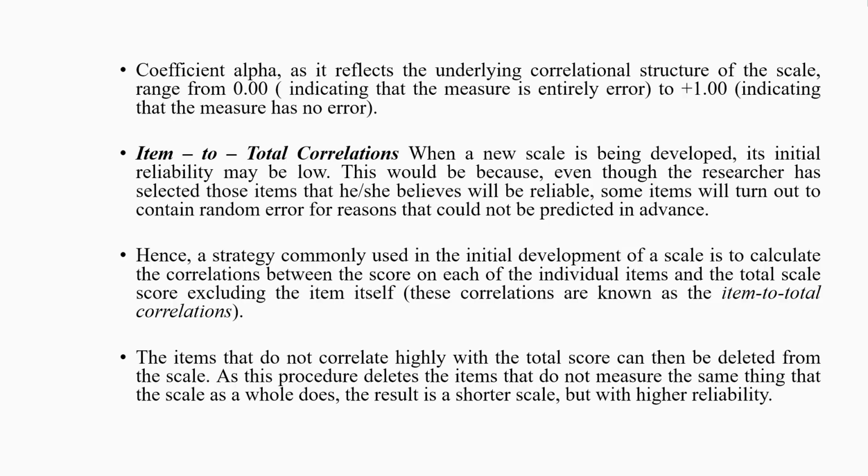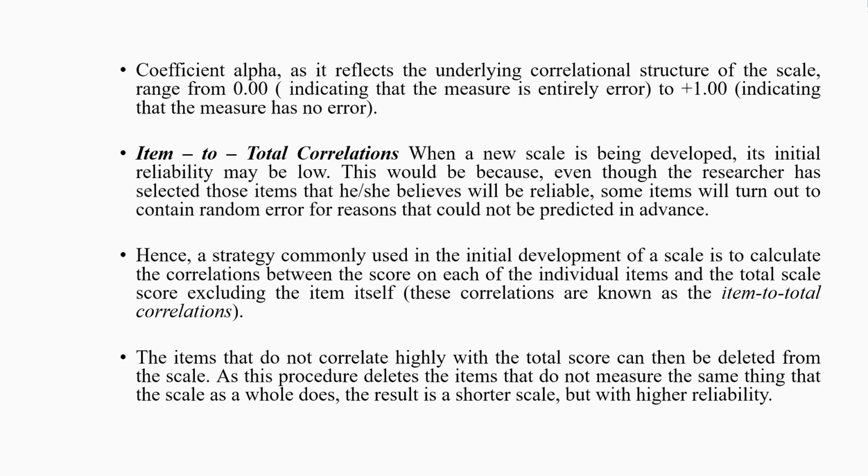Coefficient alpha, as it reflects the underlying correlational structure of the scale, ranges from 0.00, indicating that the measure is totally error, to plus 1.00, indicating that the measure has no error at all. Again, I am sure it is clear that perfect correlations will be very rare to find.